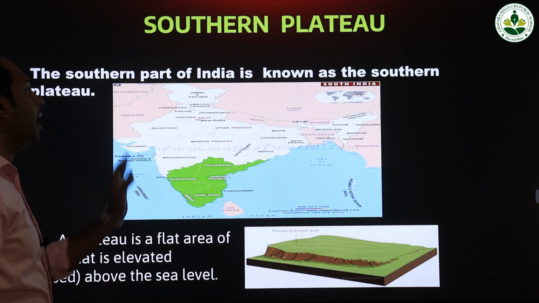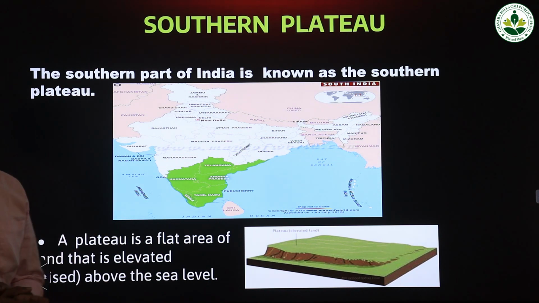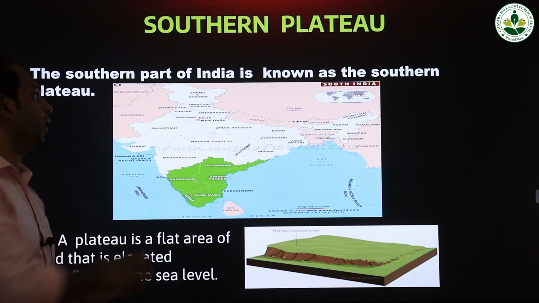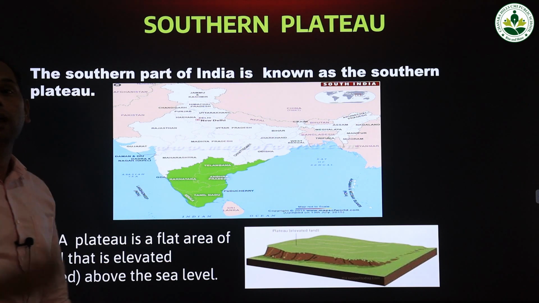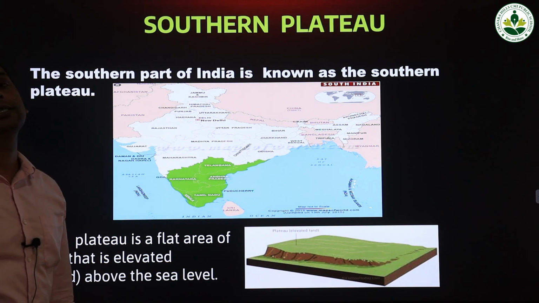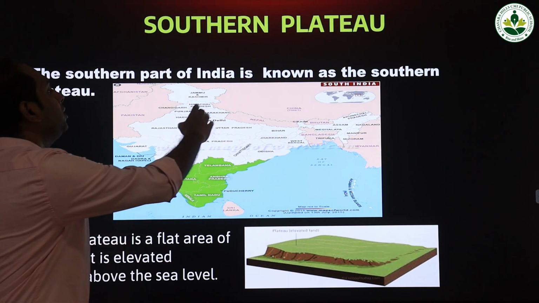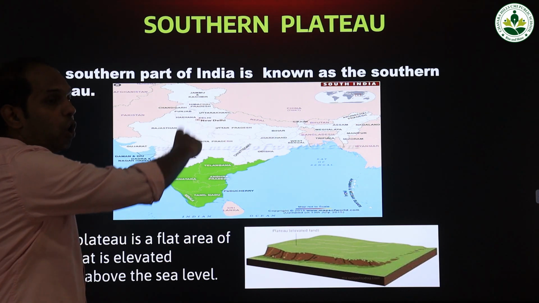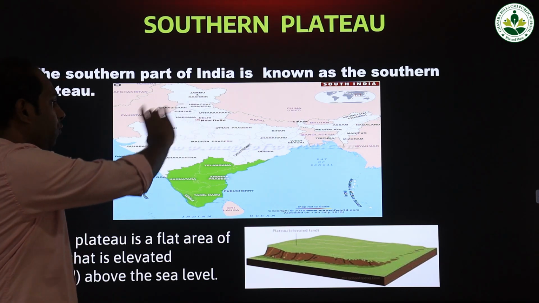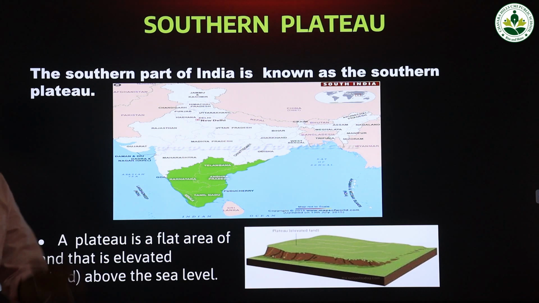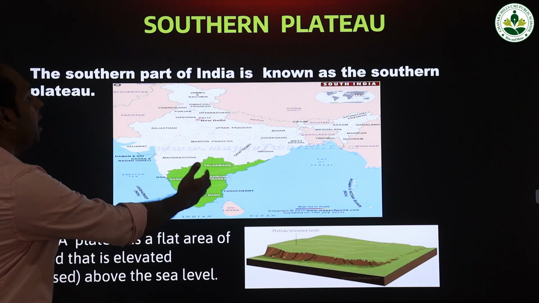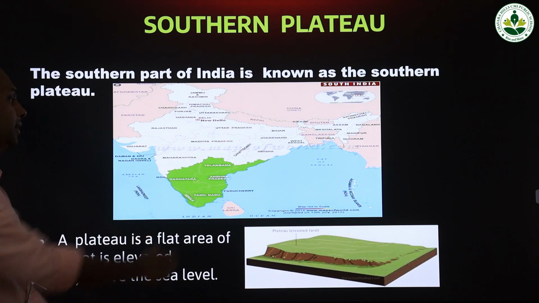So in the last class, the previous lesson, we have studied about the northern mountains which are located in the northern part of India. The Thar Desert or the Great Indian Desert lies in the northwestern part of India, in Rajasthan, isn't it? In today's class, we'll be studying about the southern part of India, this part.